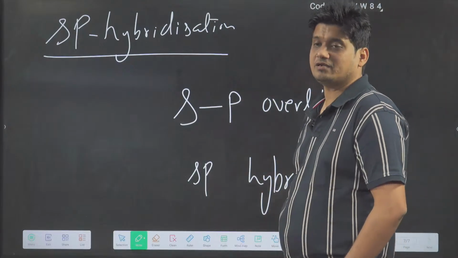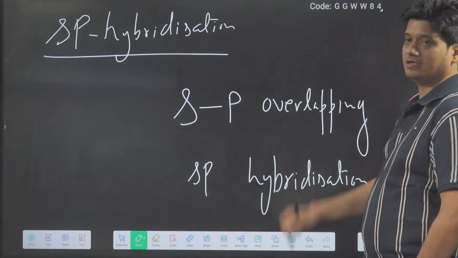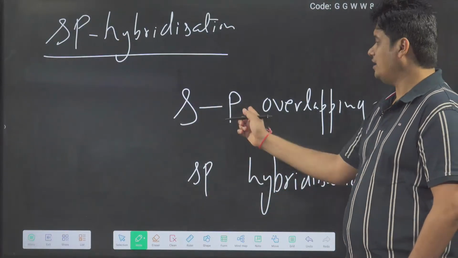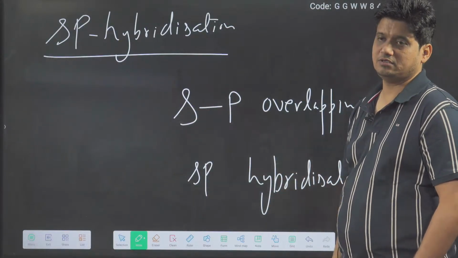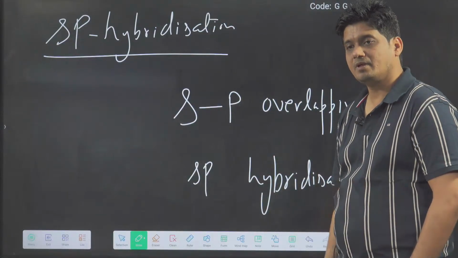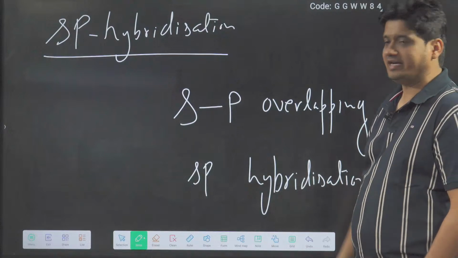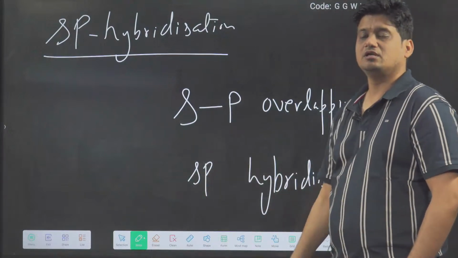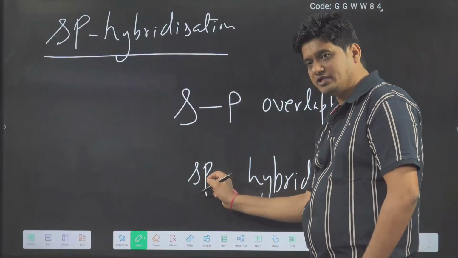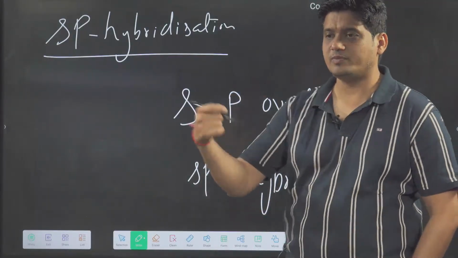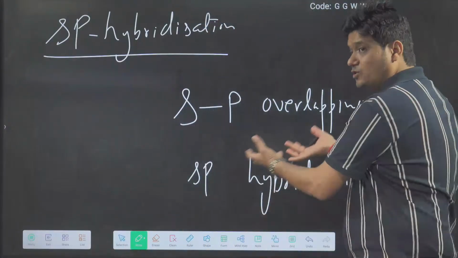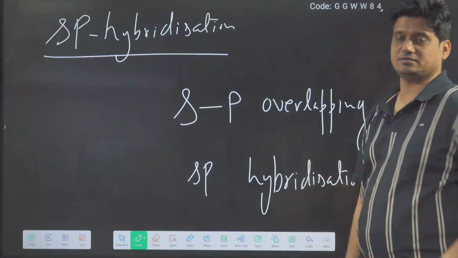The definition is giving the answer here. In overlapping, whatever orbitals are used, they are related with different atoms, and to segregate them, we have to use a hyphen there. But in the case of hybridization, whatever atomic orbitals are used, they belong to the same atom. That's why we cannot use a hyphen there, there is no need to represent the segregation. So representation is also telling you a lot, you just have to analyze it.